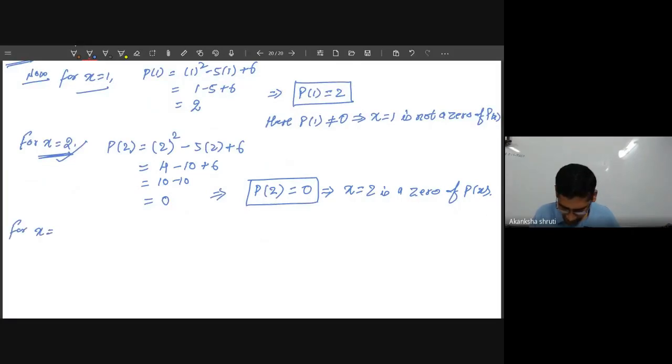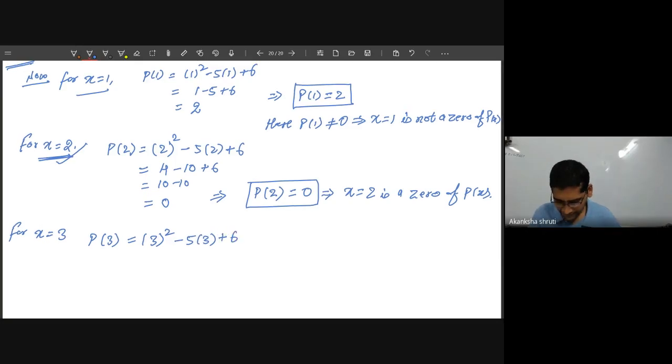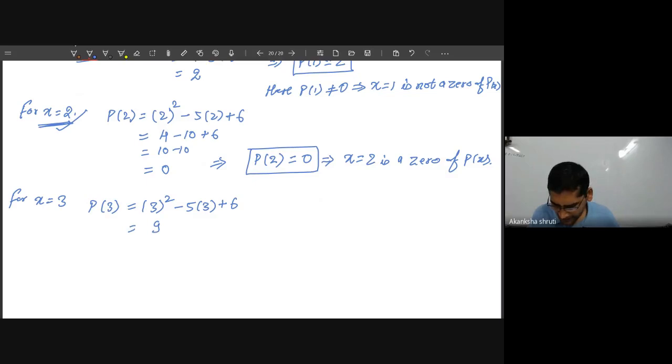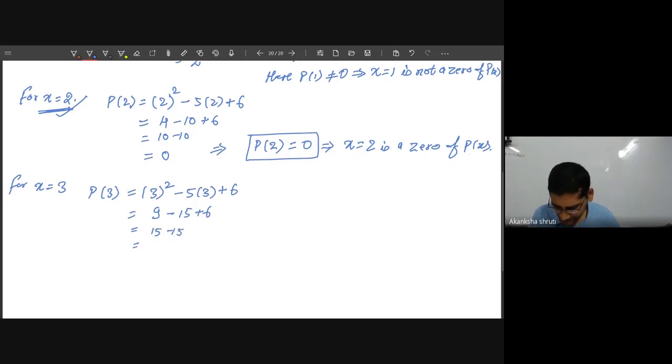So for x equals 3, what is the value of p3? Students, substituting this, it is 3 square minus 5 into 3 plus 6. It becomes 9 minus 15 plus 6. Adding the positive terms, 9 and 6, 15 minus 15, it is again 0. Student, what we are getting?